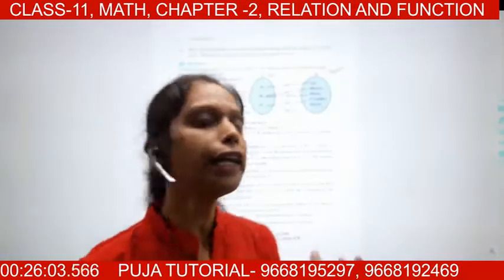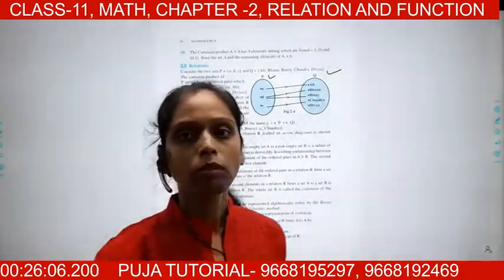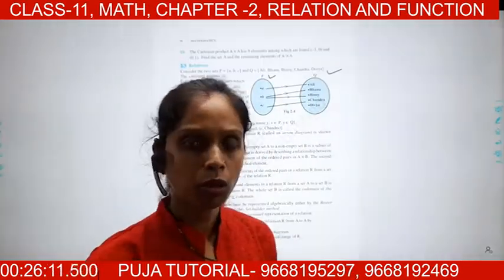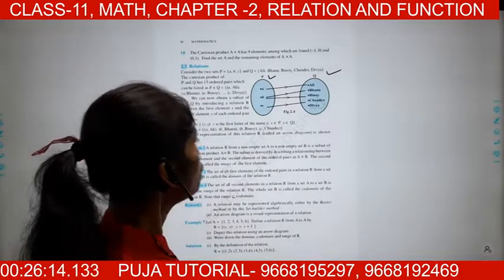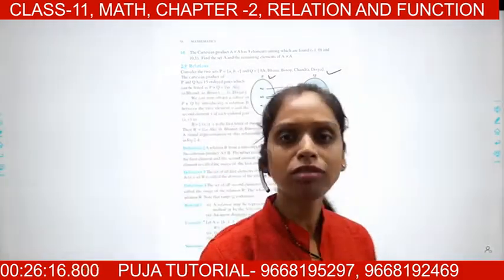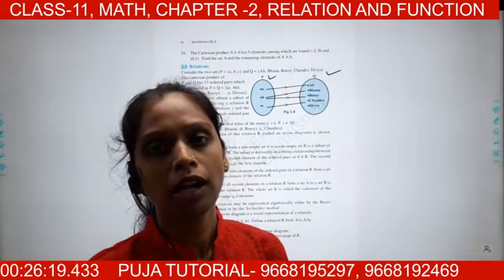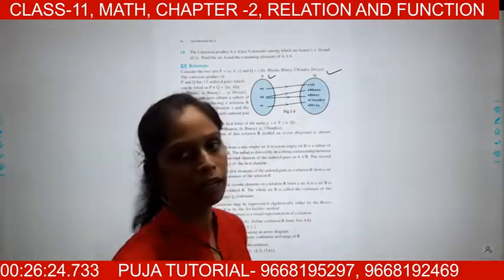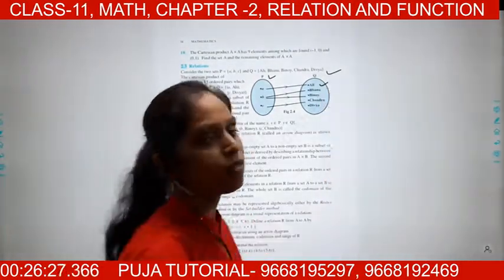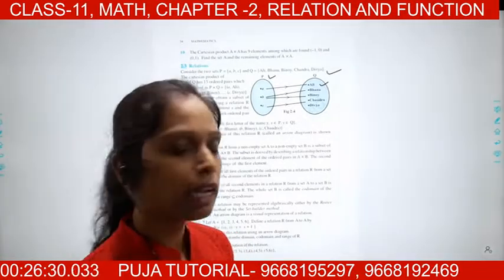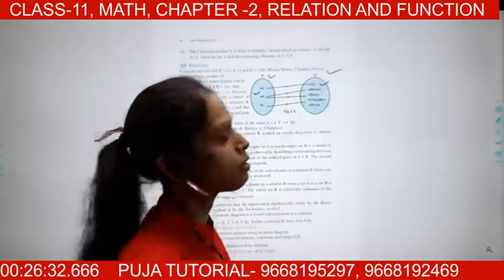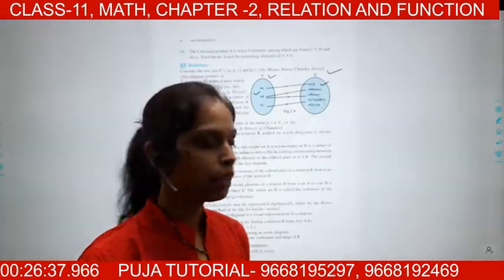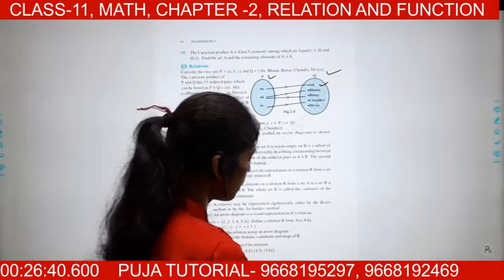And what is the criteria of making an ordered pair here? The first letter of the element of Q will be the same as the first letter of the element of P. Like Ali, the first letter of Ali, meaning A, starts from A. That's why this is a relation. This is one type of ordered pair. Then what is a relation?